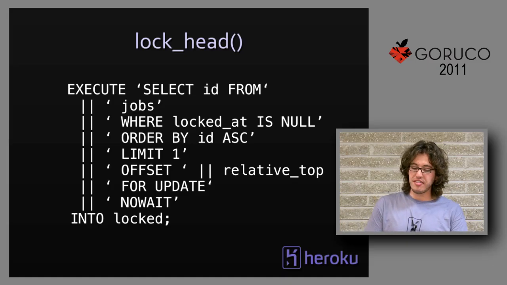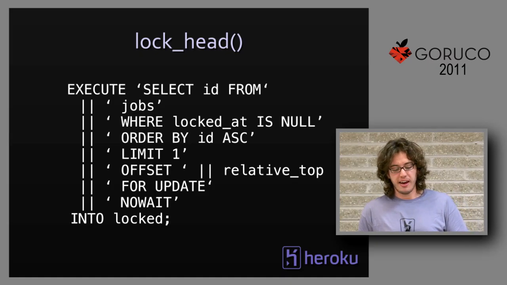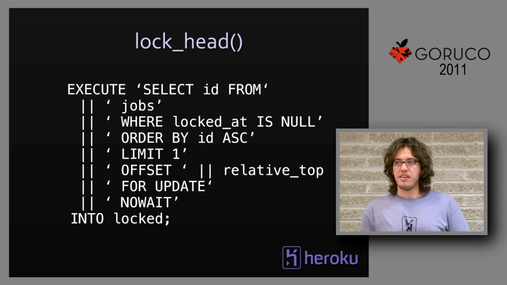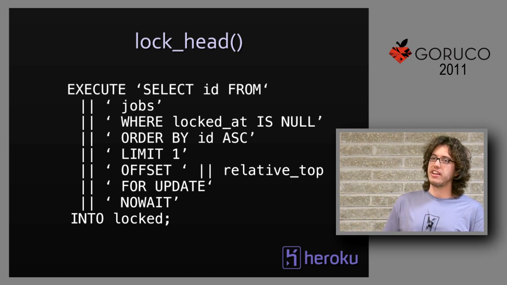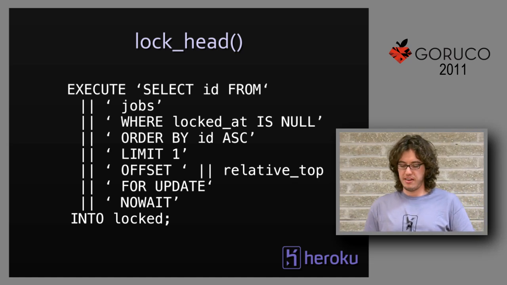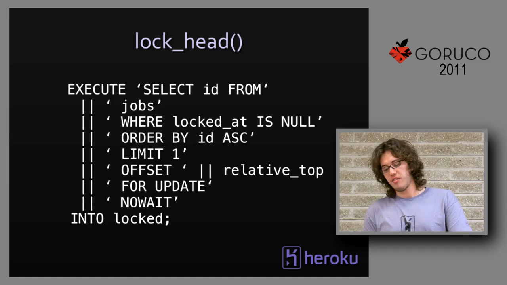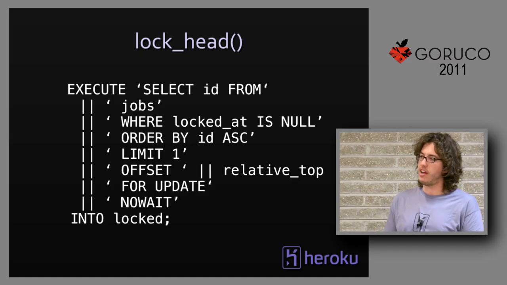And this next line is the fuzzy first in, first out line. So I ask for an offset, and I concat. The 2 pipes are like a string concat. By the way, it's not like a Boolean operation. So I concat it with a relative top.